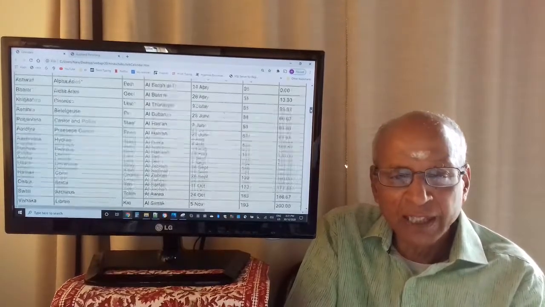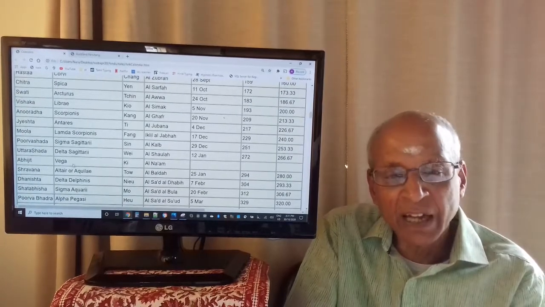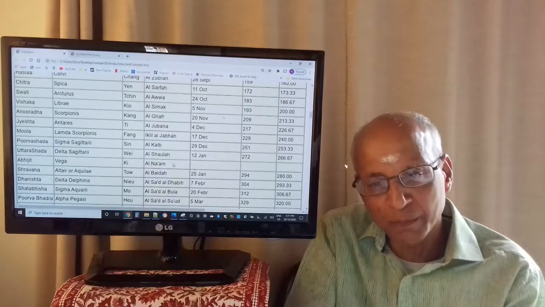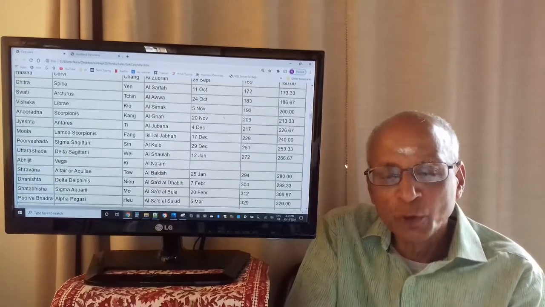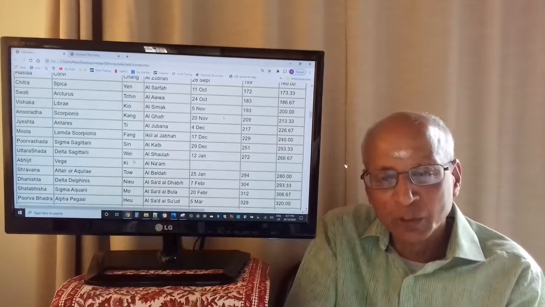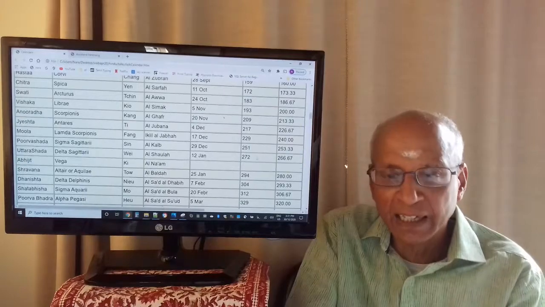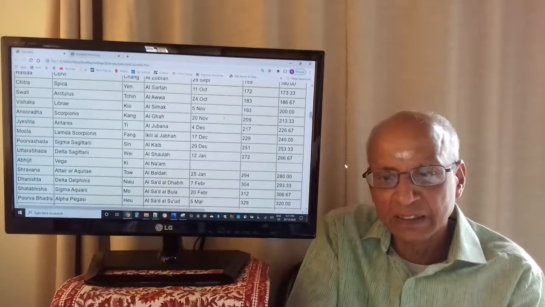So all the 28 stars, Abhijit is called Vega in Greek. And we have removed Abhijit from the system. So we have got only 27. The sun will rise on Uttarashada on 12th January, like this, when it rises.